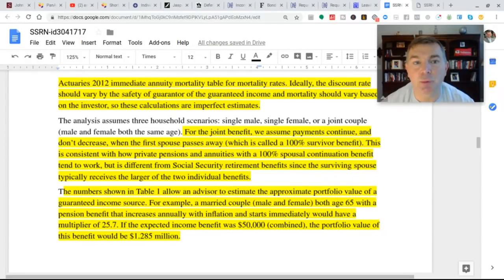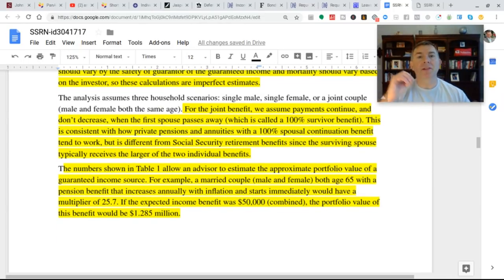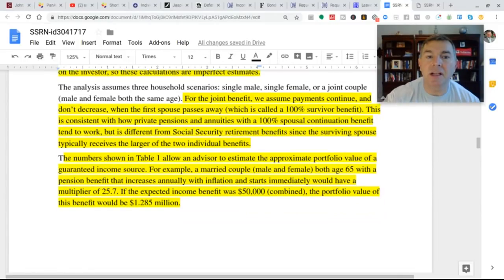This is consistent with how private pension and annuities with 100% spousal continuation benefit work, but it's different from Social Security benefits, since the surviving spouse typically receives the larger of the benefits that the two individuals were getting. So in this case, we're assuming that you have 100% survivor benefit, which is the default actually for most income annuities. The numbers in Table 1 allow an advisor to estimate the approximate value of a guaranteed income source.